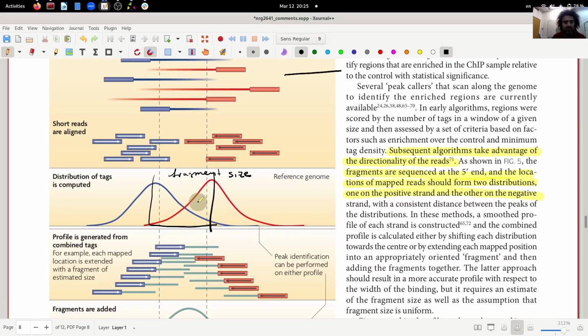What MACS is doing is that it exploits exactly this fact, that from the plus strand we expect some reads somewhere here, and from the minus strand we expect to have more reads fragment size units away.